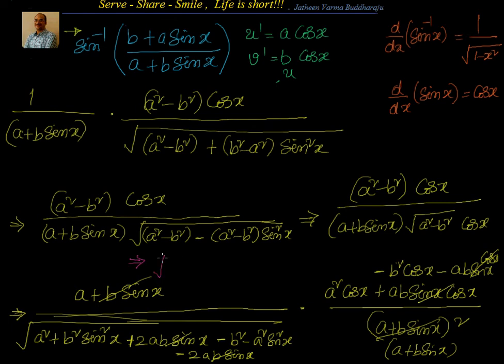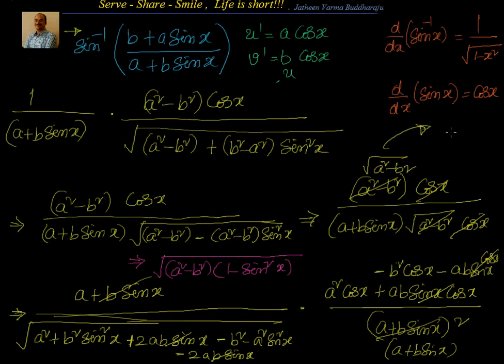This is square root of a square minus b square into 1 minus sin square x, which is square root of a square minus b square into cos square x, and square root of cos square x is cos x. So you can see cos x cancels, and the answer is square root of a square minus b square divided by a plus b sin x.